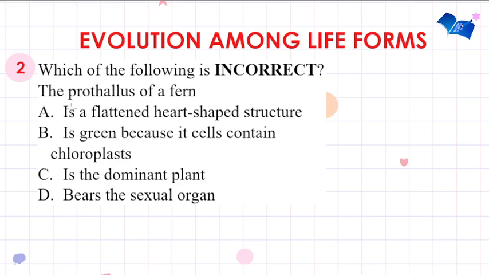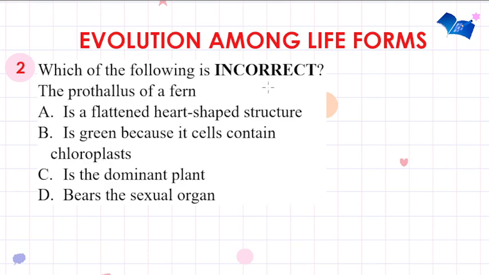Now you have to know what the prothallus of a fern is. Fern is under the kingdom Plantae, and under the phylum Pteridophyta. It's very important for us to know that as long as you are a plant, you should have chloroplast, so B cannot be the answer.